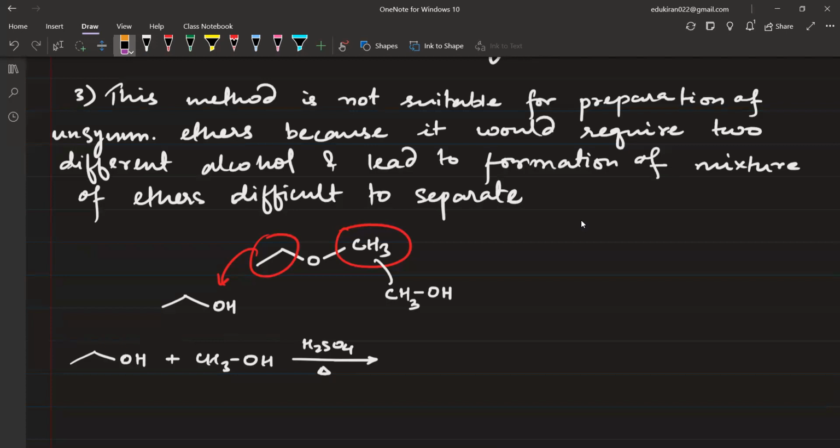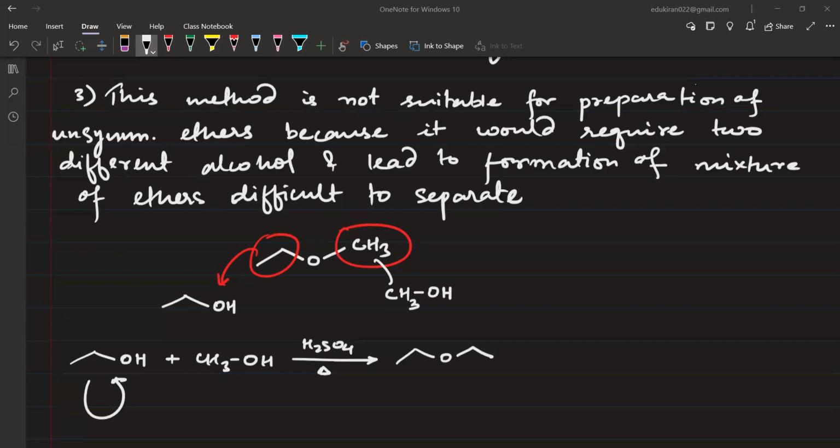Before meeting any methyl alcohol, they will meet another ethyl alcohol and they will react with the ethyl alcohol itself, leading to formation of an ether like this. Correct, guys? There are plenty of ethyl alcohols in the container. You will have at least 1 mole, and 1 mole means 6 times billions upon billions of molecules.